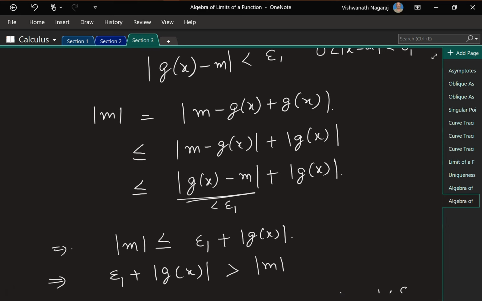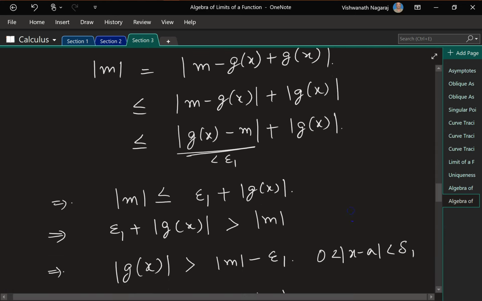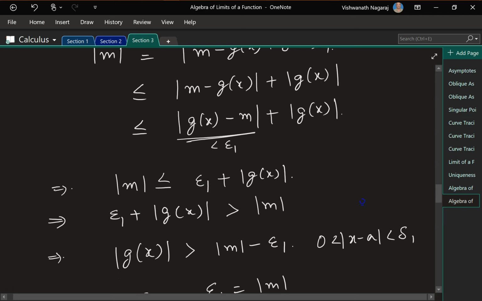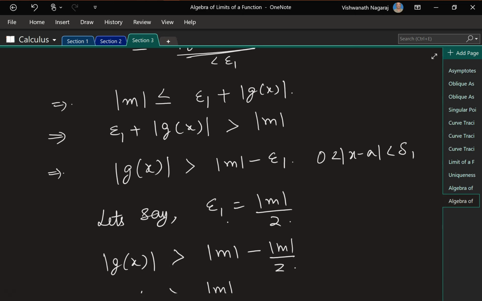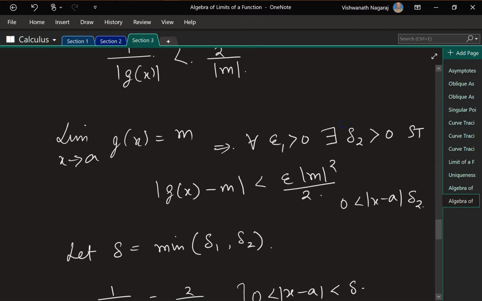How does the person who wrote it first think of all this? Basically they just keep doodling, keep trying out different ways of going forward. So this is what I was saying. Let epsilon 1 equal to magnitude of m by 2. Why magnitude of m by 2? As I said before, it's all trial and error.